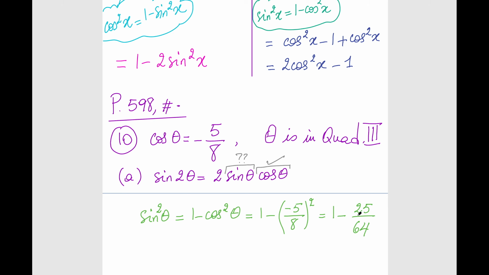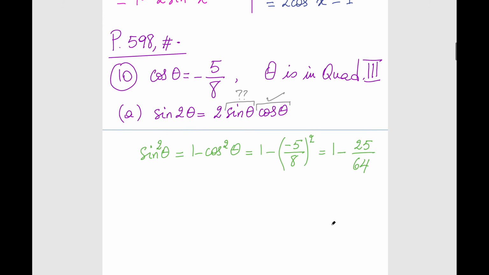I'm using the same denominator. That's going to yield denominator 64, and here I have 64 minus 25, which is equal to 39 over 64.